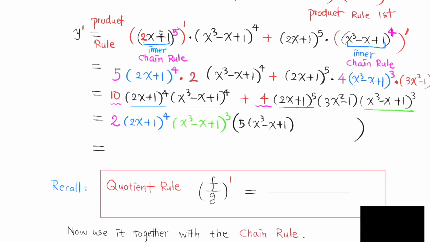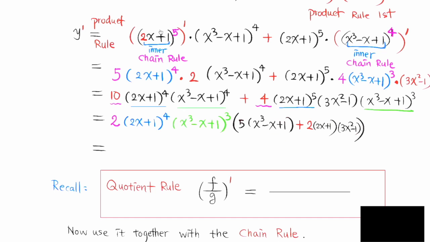And adding, now the 4 here, take out 2, I'm left with 2. This one, take out the 4 power, I have 2x plus 1. And then also this 3x squared minus 1. This factor is already taken out, so there's no more of this factor here.